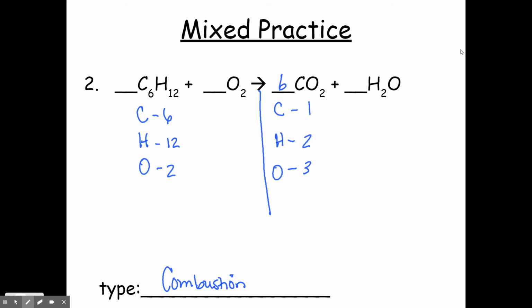First, I'm going to balance my carbon by putting a 6 as a coefficient. That changes my oxygen as well to 13. Next, I'm going to balance my hydrogen by putting a 6 in front of water. That changes my oxygen as well to 18. Then I need to go back to the left and balance out my oxygen by putting a 9. And then everything is balanced.